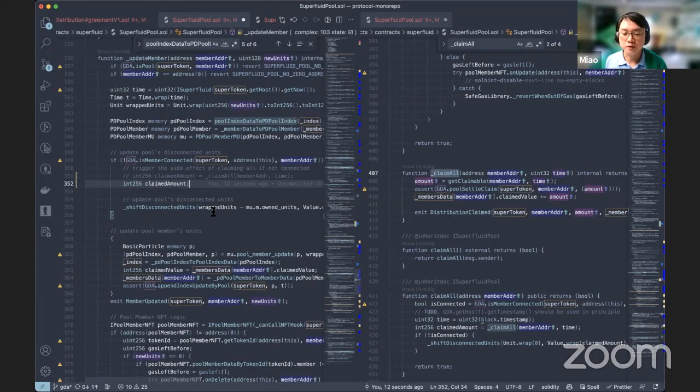Let me use an analogy. Let's say I have pocket money, but I don't necessarily want my pocket money to have trigger side effects where something happens and my pocket money gets more.